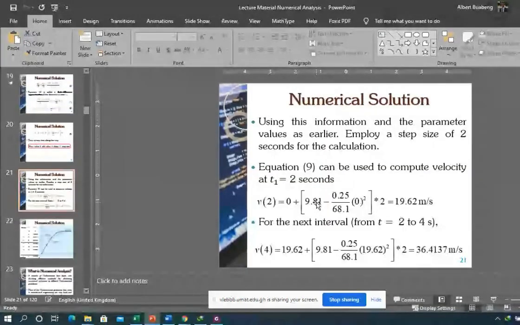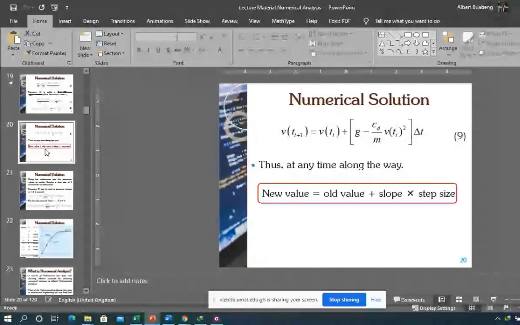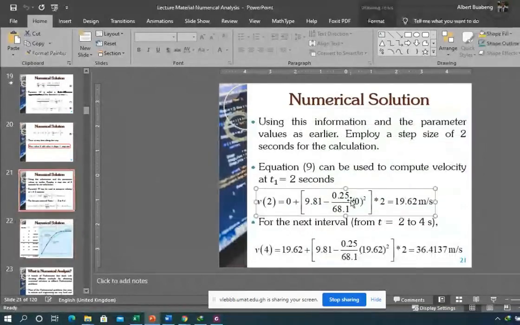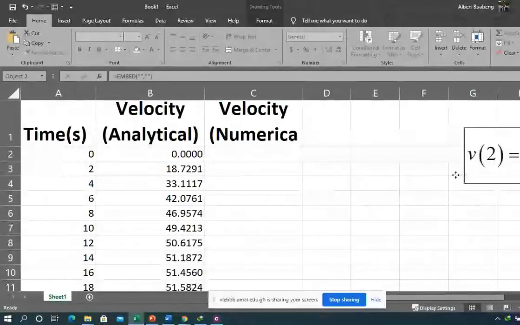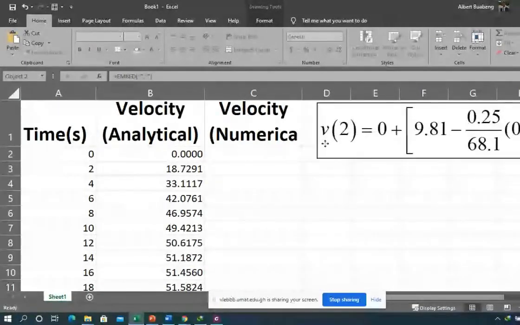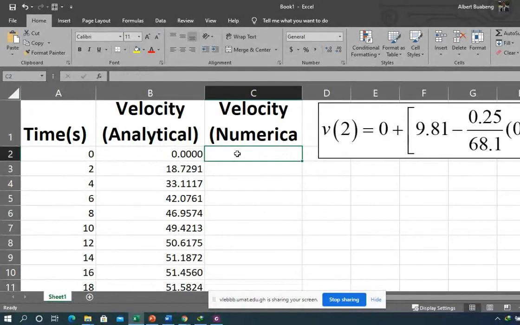Let me just get the expression here and place this thing here. Okay, so something just like this.